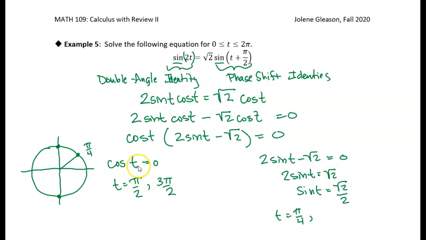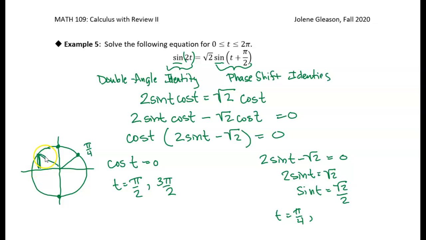But there may be others, right? So the sine is the y value. So I'm looking for other angles that have a positive square root 2 over 2 as the y value. And that's going to be here as well, straight across here. Now, this doesn't look very much like a 45 degree angle, but it has a 45 degree reference angle.